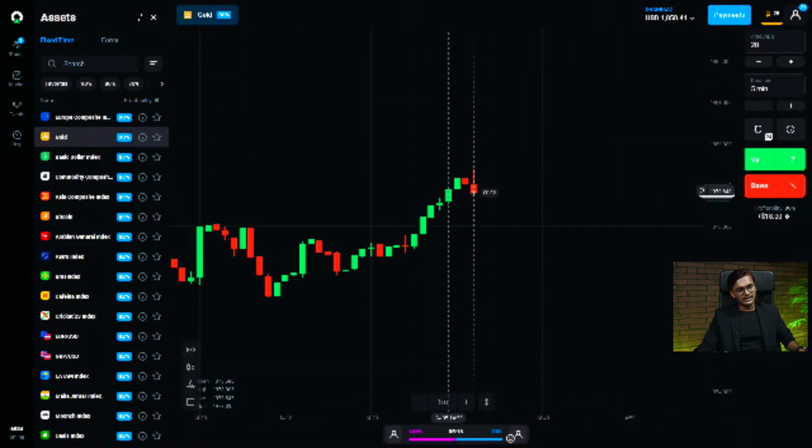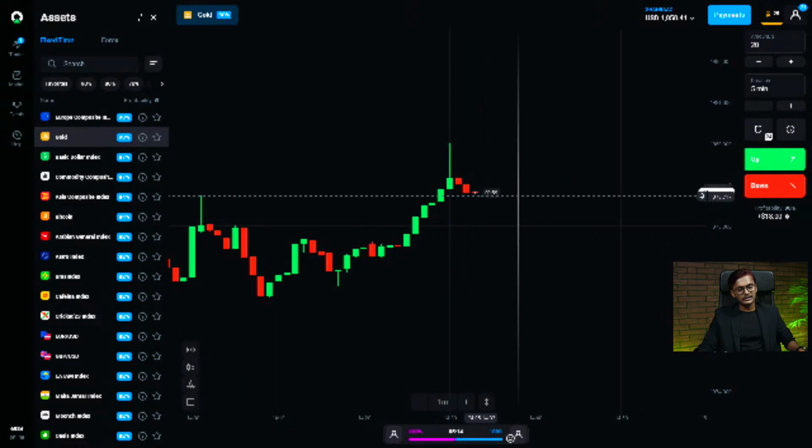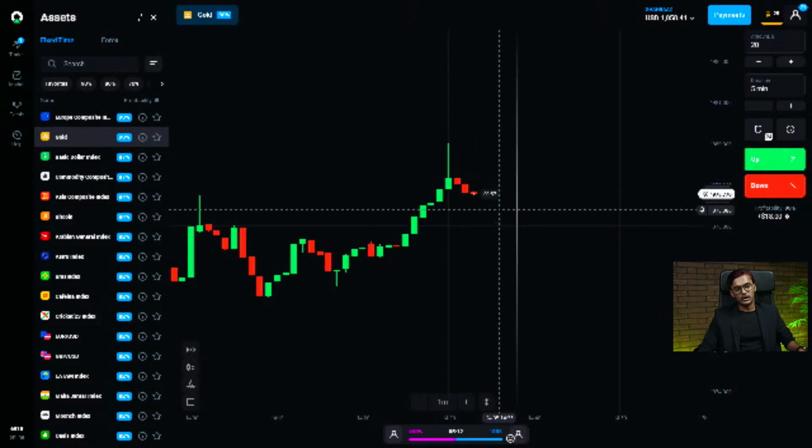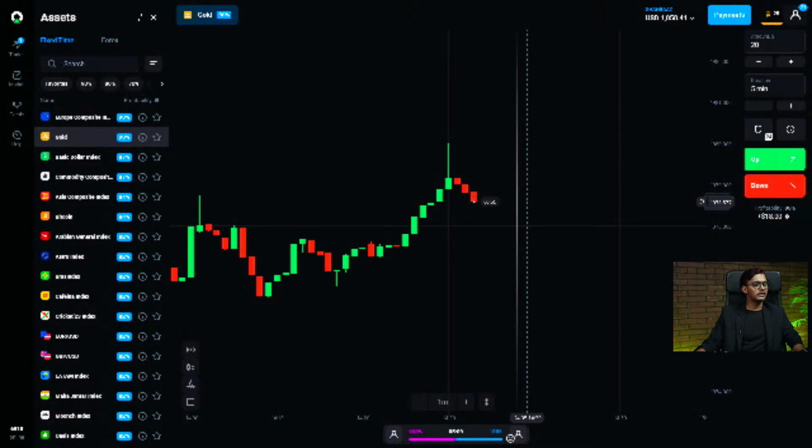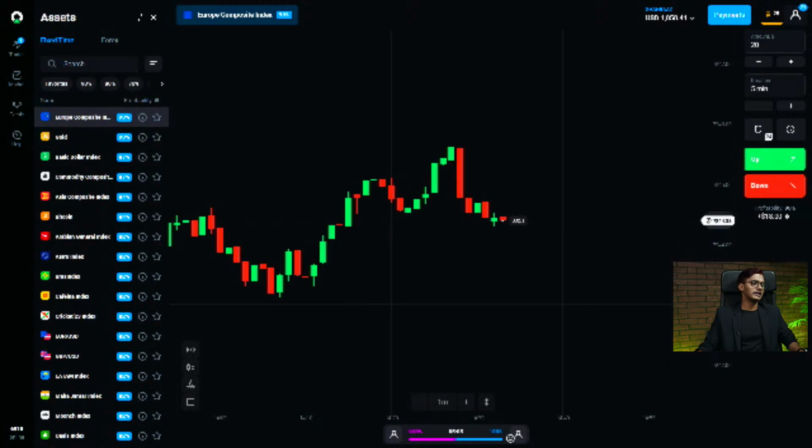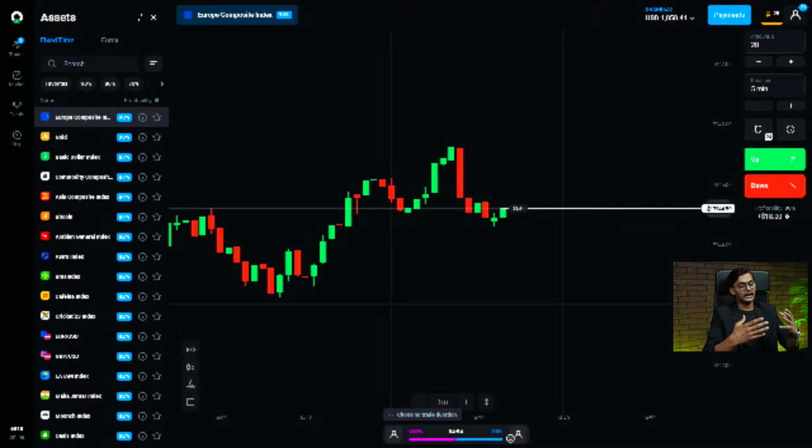There was a strong trend, but there is again a downward trend. It may go down, it may consolidate. So I'm not sure, and if I'm not sure, I will not take the trade. It's that simple. You don't have to be aggressive that it should go downwards because you have taken the trade. We always have to respect the market. We always have to understand the logic behind the market so that we can earn money.